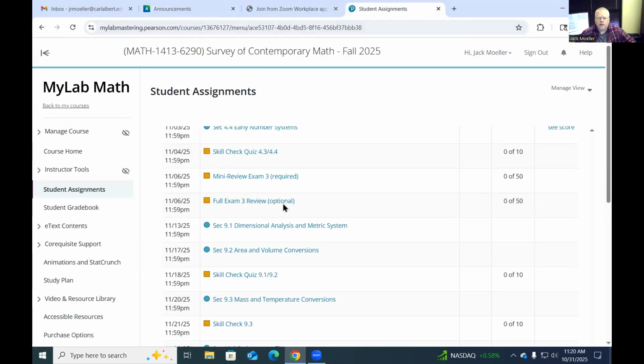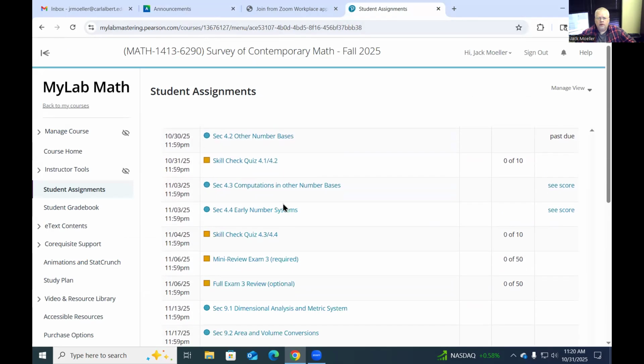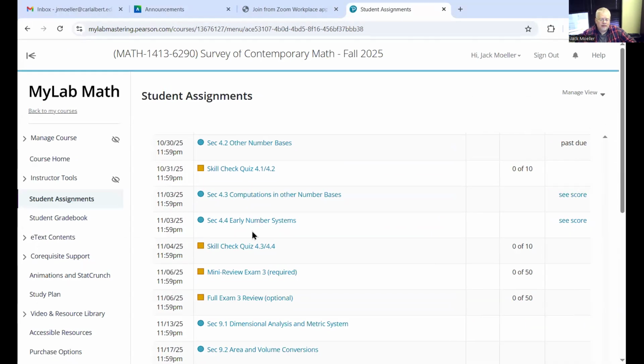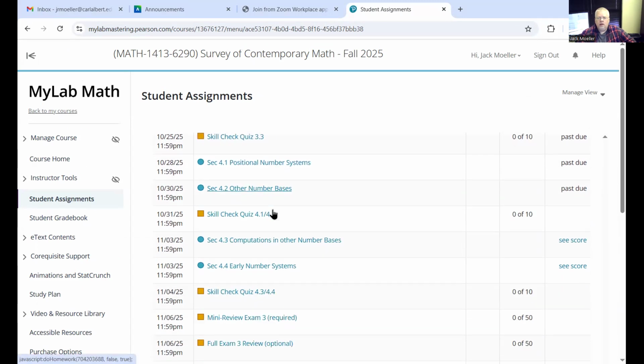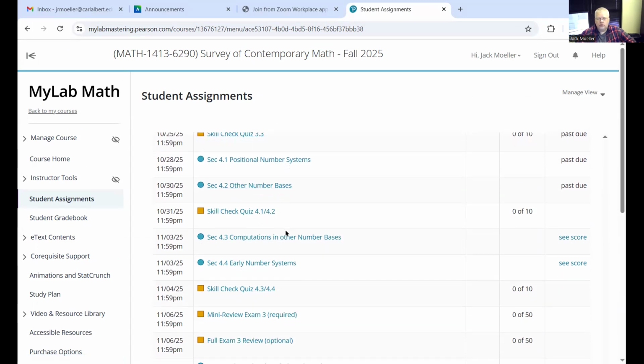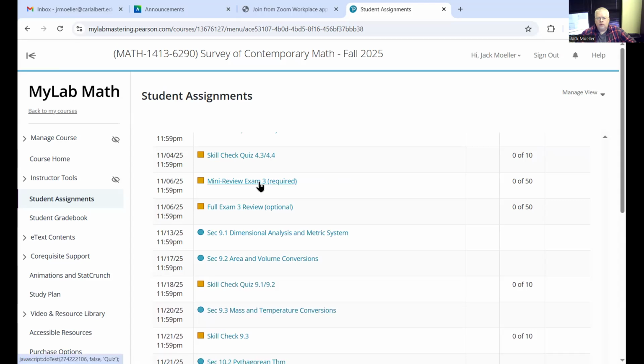All right, so let's jump into MATLAB and start looking through the quiz. Now, one thing I want to point out is, if you're still passing the course at this point, I think you figured out how to use the quizzes. Some people are still kind of getting used to that. The best way to prep for this test is you've got the skill check quizzes, and you've got the mini review that's required.